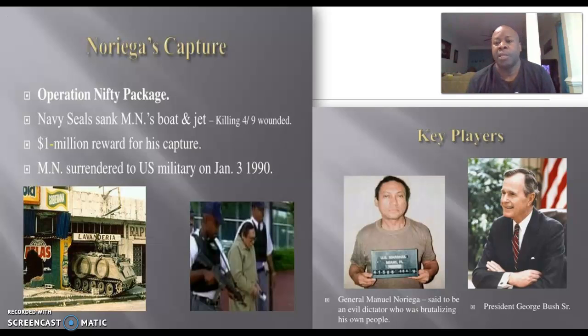In turn, these individuals were killed by other members of the defense force who were close to Noriega, and the U.S. lost the opportunity to take Noriega at this time.